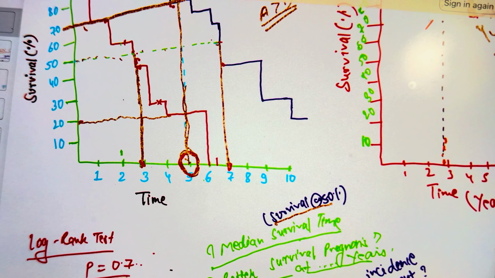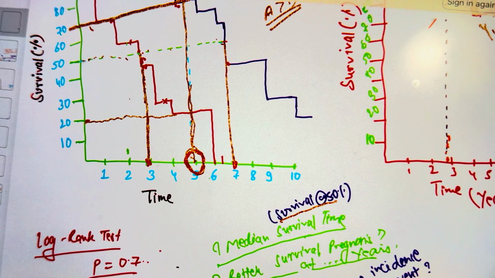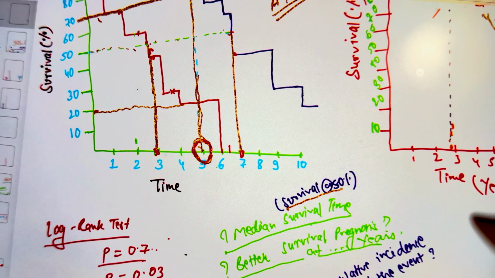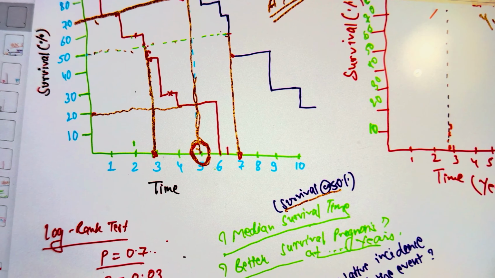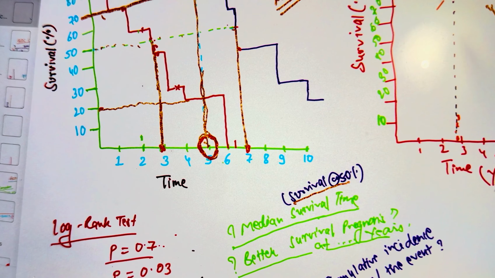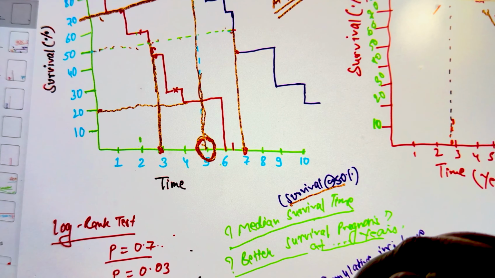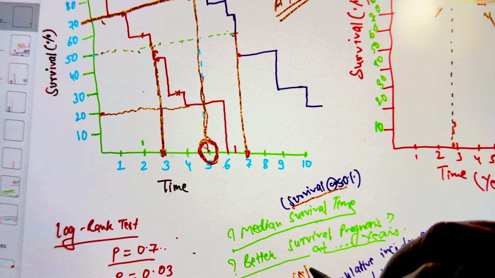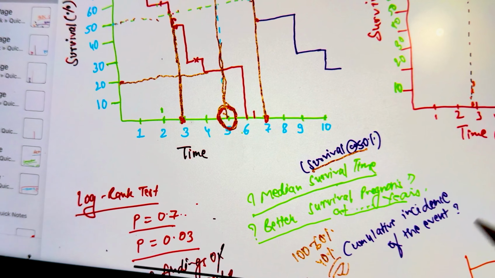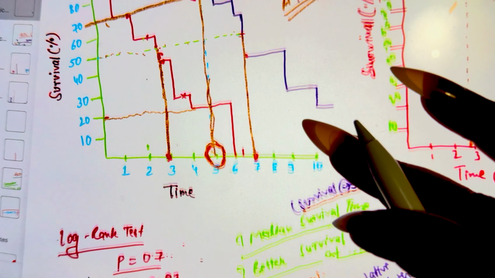Let's say survival at 4 years is 60%, then the cumulative incidence of that event is 100 minus 60%, that will be 40%. So these can be the questions that can be asked from a Kaplan Meier curve.